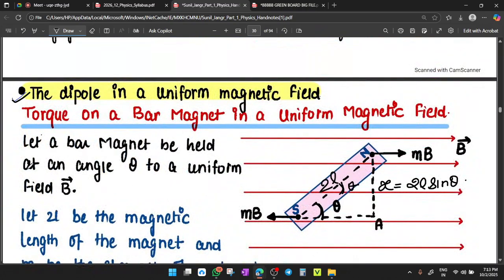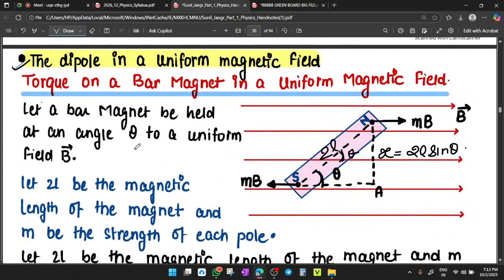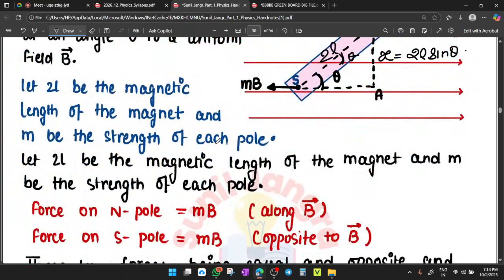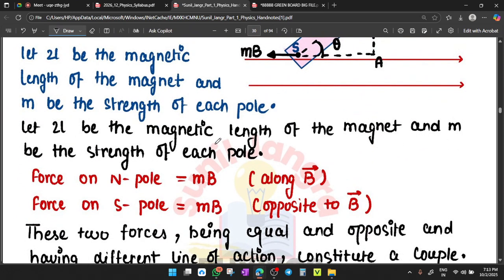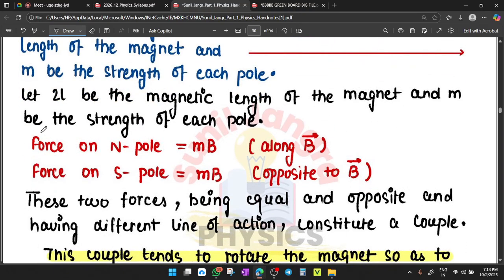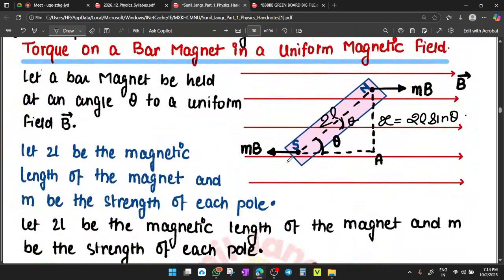Now reading the theory: let a bar magnet be held at an angle theta to a uniform magnetic field B. Let 2L be the magnetic length of the magnet and small m be the pole strength of each pole. Then the force on the north pole is mB, because the north pole is positive, so the force is in the direction of the magnetic field.